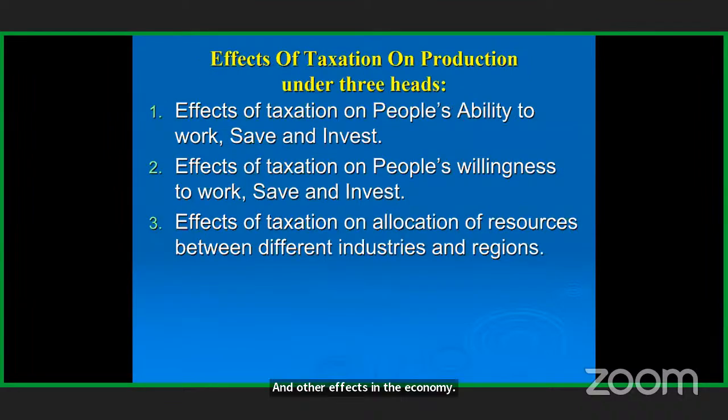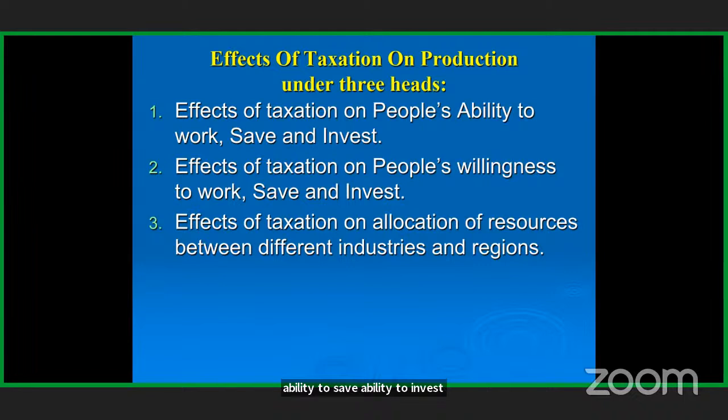For example, effects of taxation on production, the first one. Hugh Dalton discusses the effects of taxation on production under 3 more heads. One is effects of taxation on people's ability to work, ability to save, ability to invest.